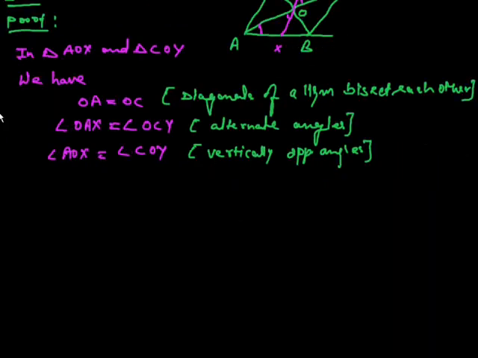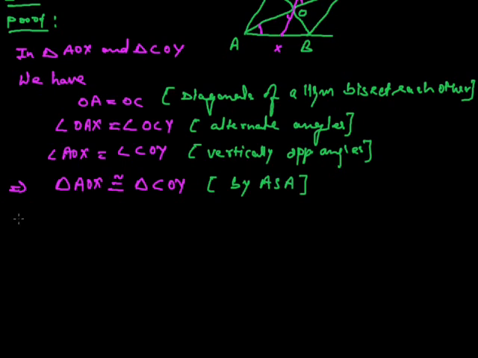Now, by which criteria are the triangles congruent? This implies triangle AOX is congruent to triangle COY. The reason is ASA congruency.